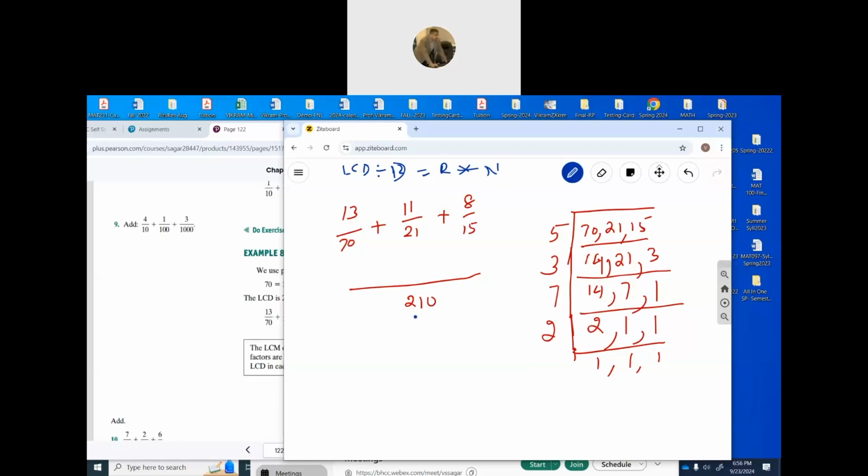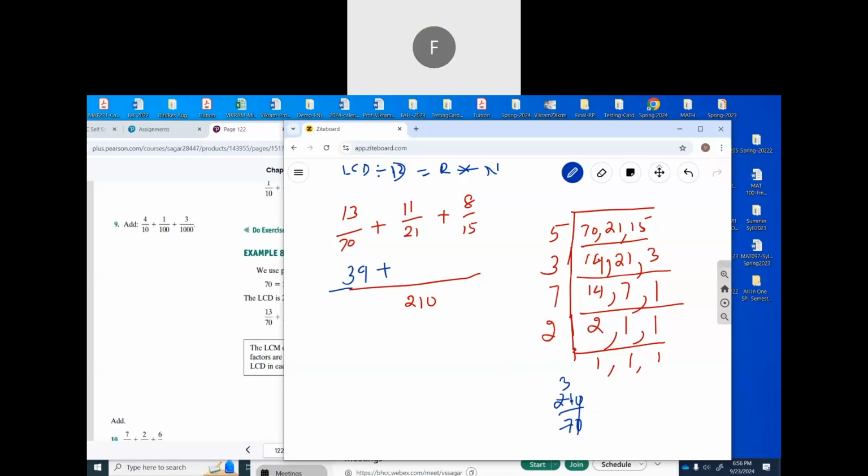Now you're going to tell me again who has the formula. 210 divided by 70, please. 3. 3, right? 3 times 13 is what?